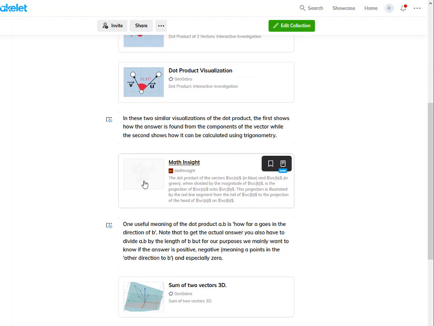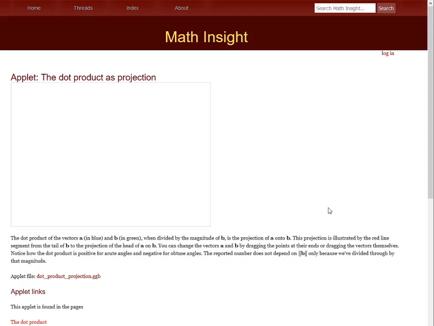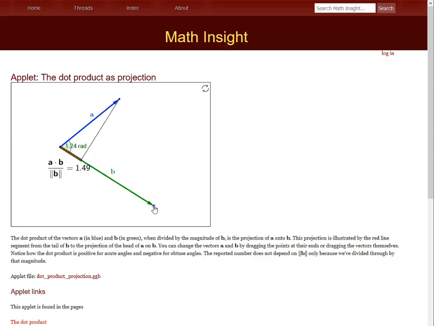And finally, this is quite a useful one because this shows another interpretation of dot product, the dot product of A and B. It says something about how far A goes in this direction. So A is this length, but in this direction it only goes this far.